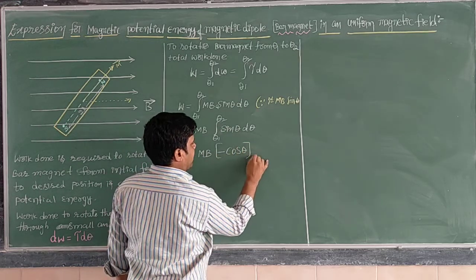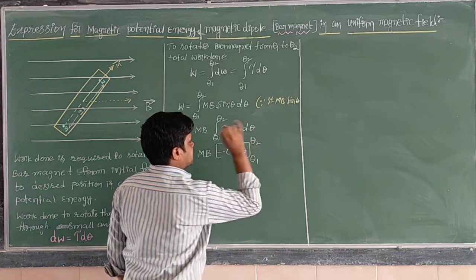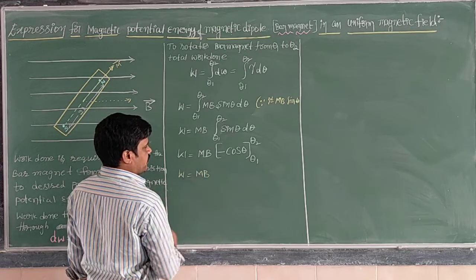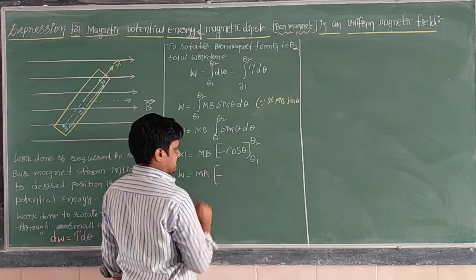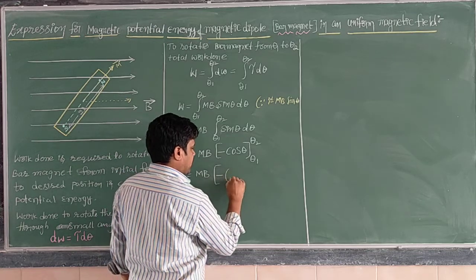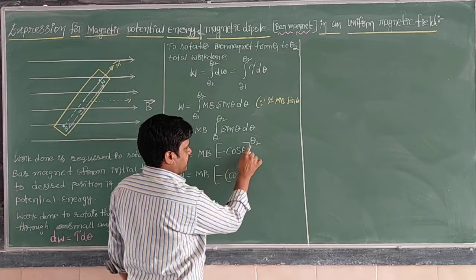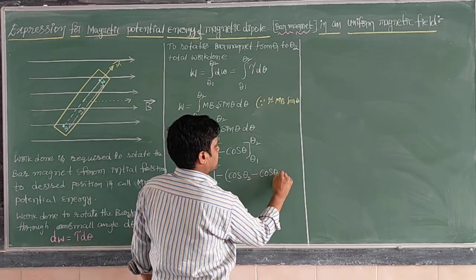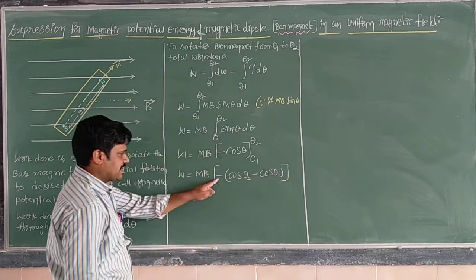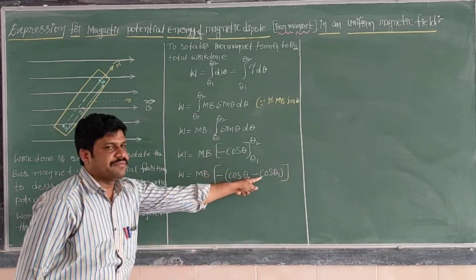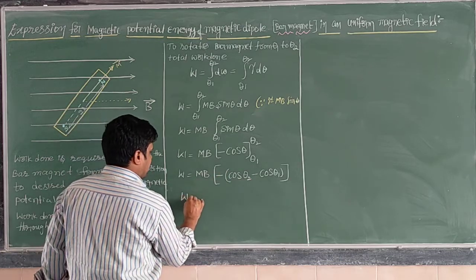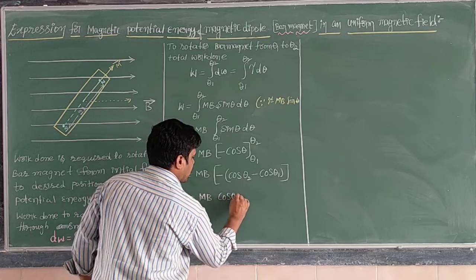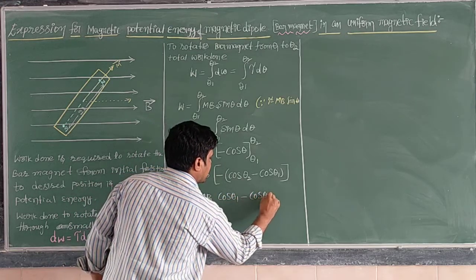If you write the lower and upper limits, we get minus is common, so the remaining is cos theta 2 minus cos theta 1. If minus is multiplied with these two terms, work done is equal to mB into cos theta 1 minus cos theta 2.